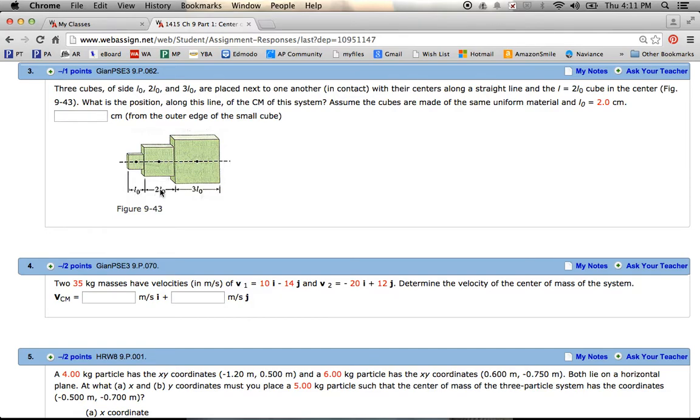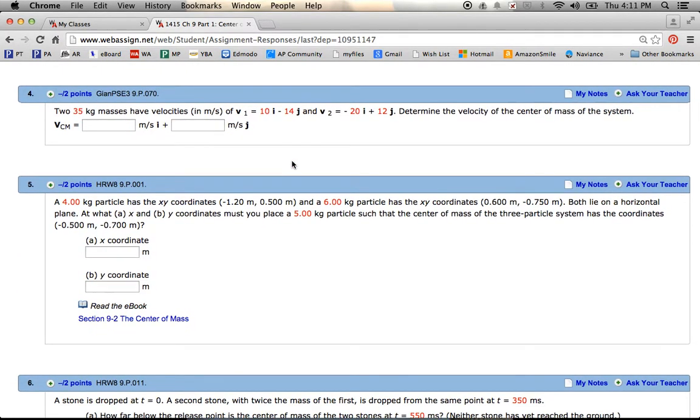The center of the second cube is 1/2 L naught from the left edge. And then when you go to the third cube, you would go 1, 2, 3, and then another 1.5. The mass of this one, well, it's 3 times as big on all 3 sides. So 3 times 3 times 3.